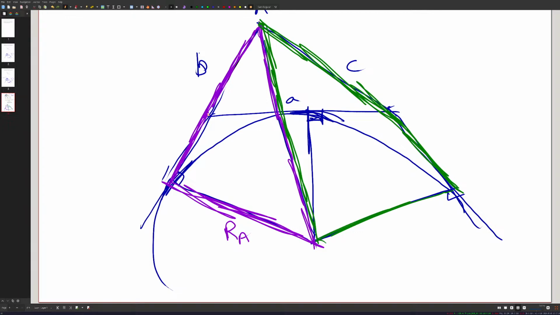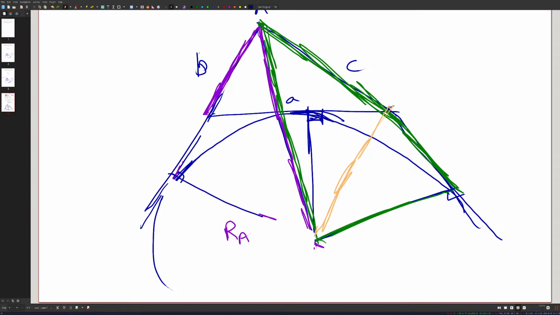Oh wait, I thought I could just subtract this triangle, but that's not going to give me what I want actually. So it's not this purple triangle. Okay, let's use the right triangle, or this is not going to work.